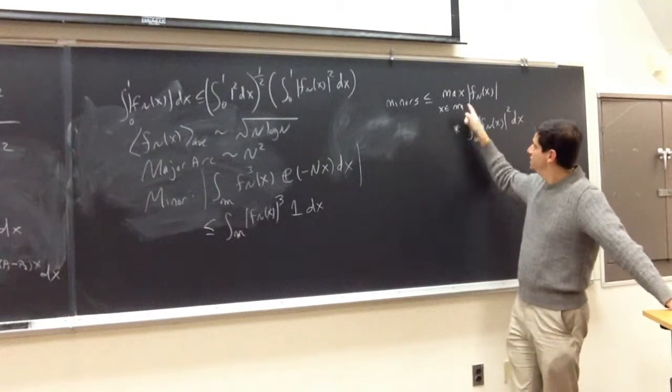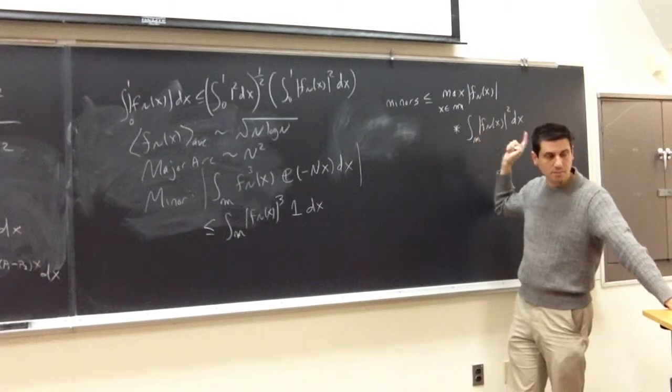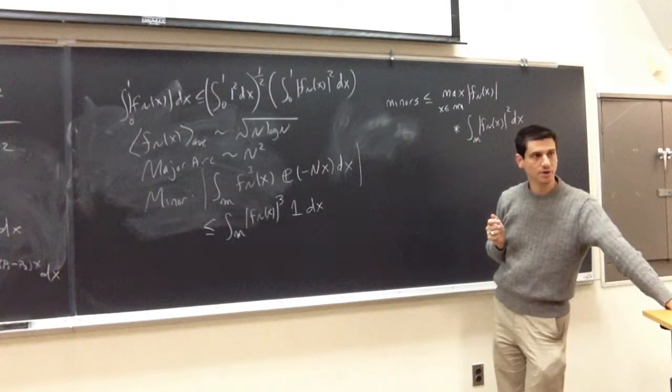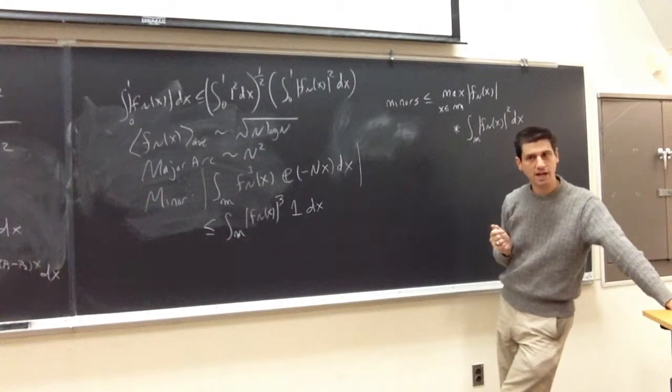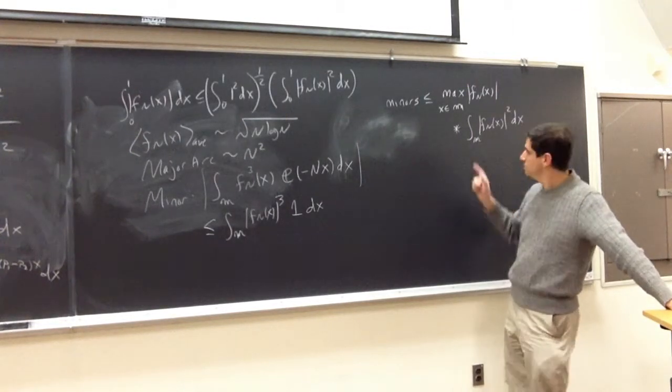Well, if you think about it, this is not so bad. The minor arcs are almost all of 0 to 1. Now, the function is large on the major arcs, but the major arcs are very small in terms of length. Let's think about what's going on here.